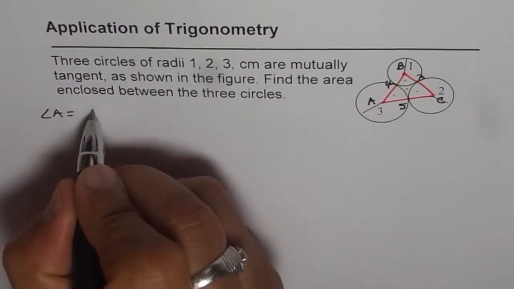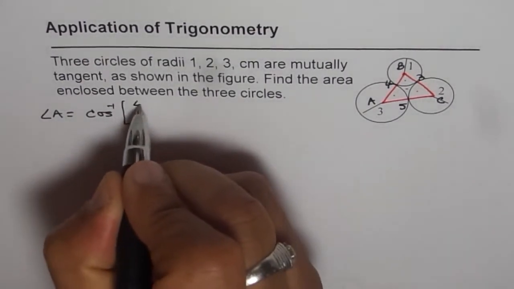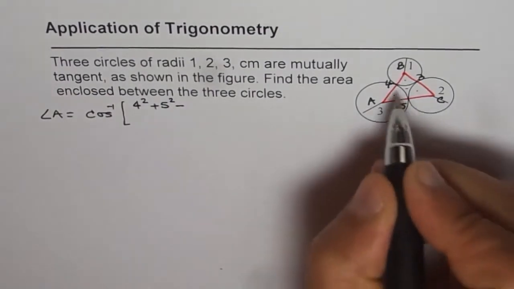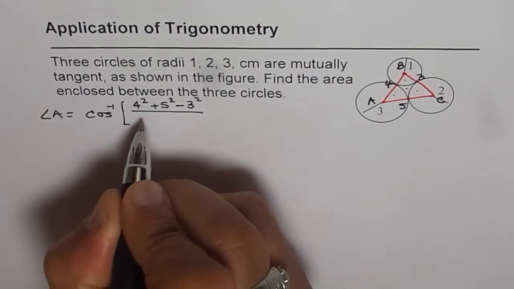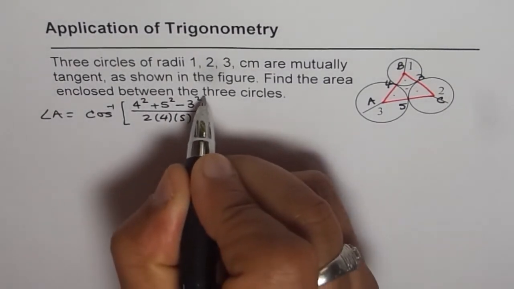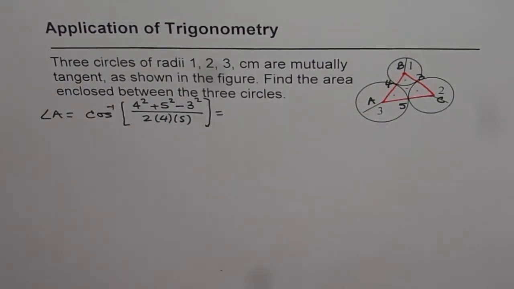So angle A is cos inverse of (4 square plus 5 square minus 3 square) divided by (2 times 4 times 5), right? And now we can use the calculator to find this angle. So this angle is, second function cos inverse. We'll open two brackets, one for the numerator.